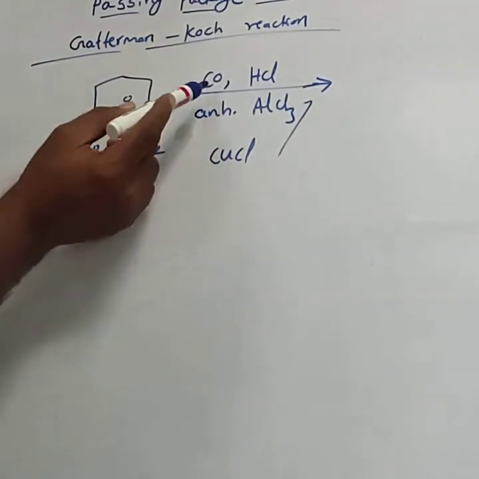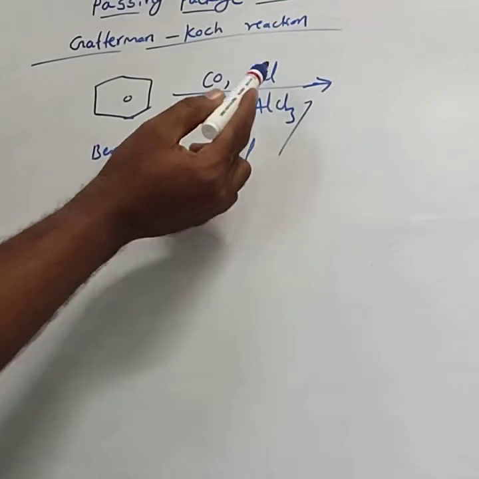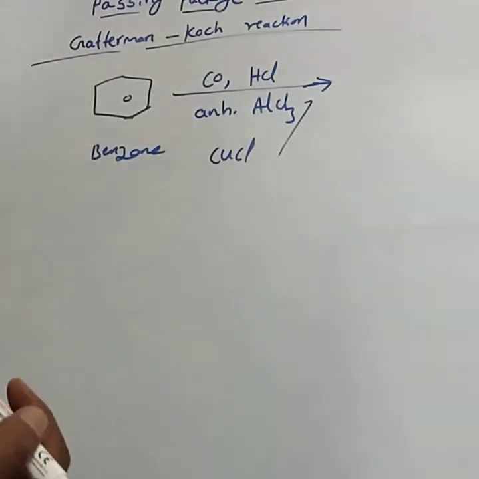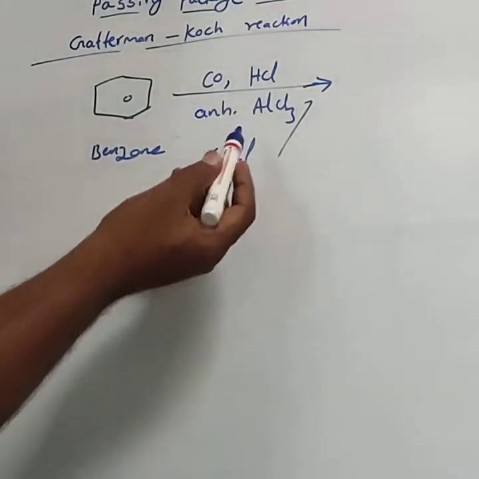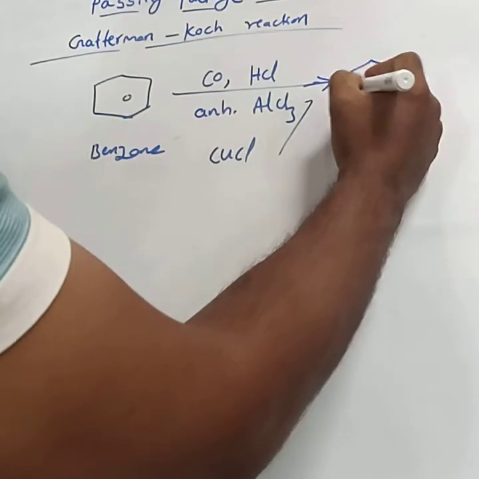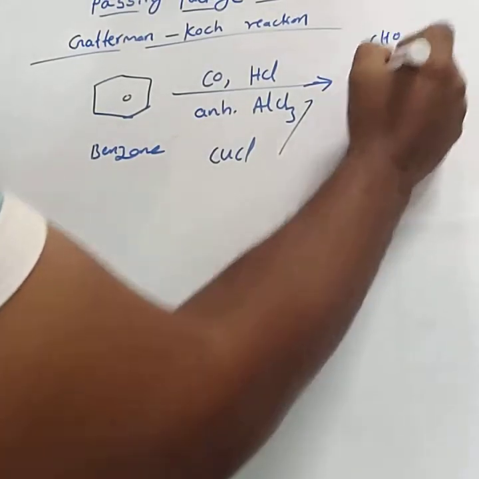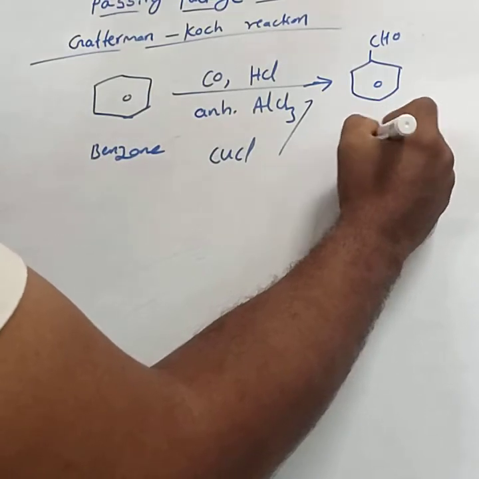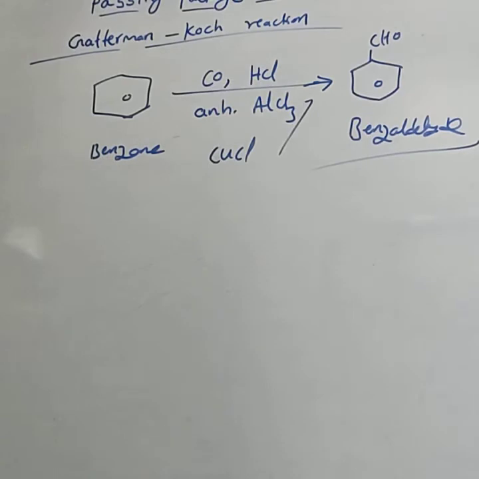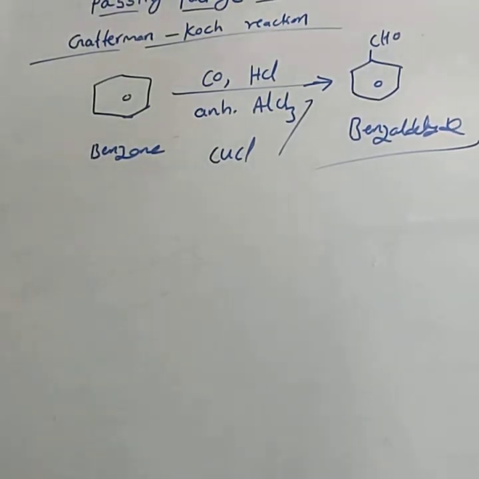Benzene treated with carbon monoxide and HCl in the presence of anhydrous aluminum chloride or cuprous chloride catalyst, then the product formed is benzaldehyde. This reaction is called the Gattermann-Koch reaction.